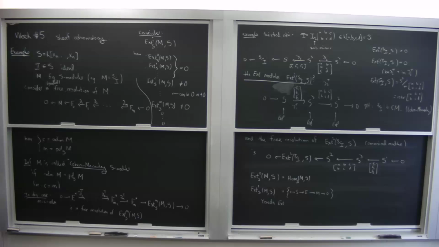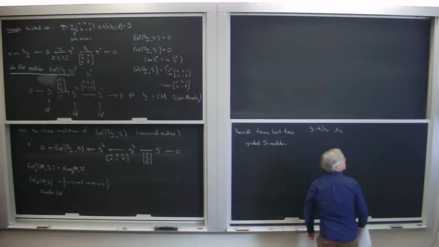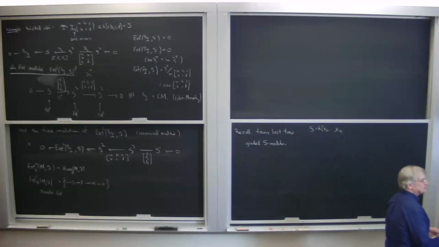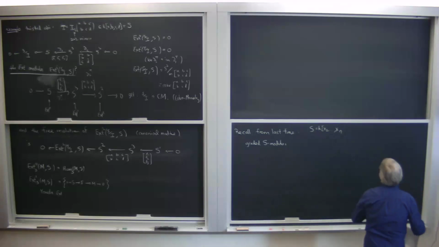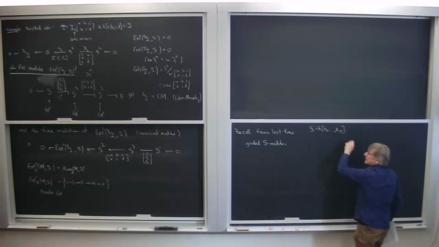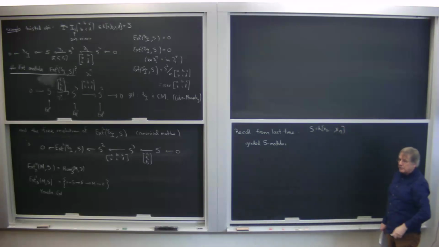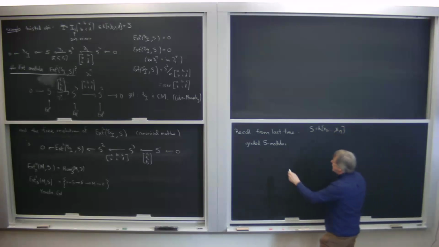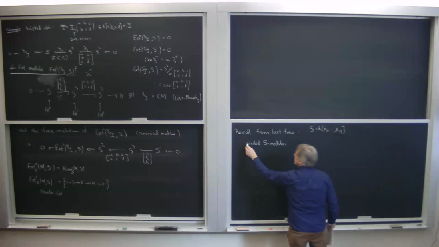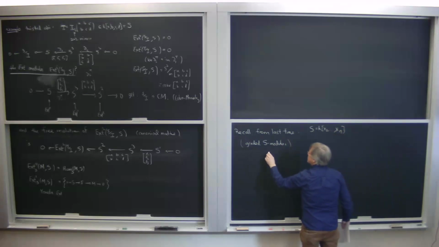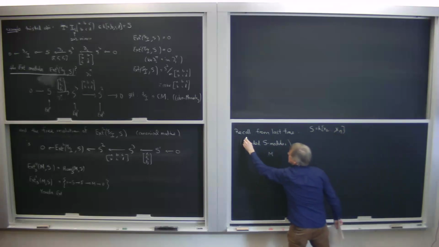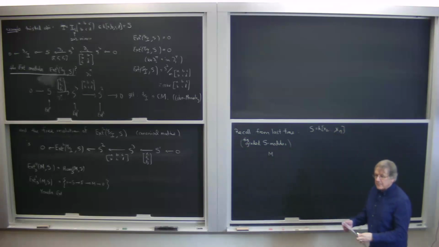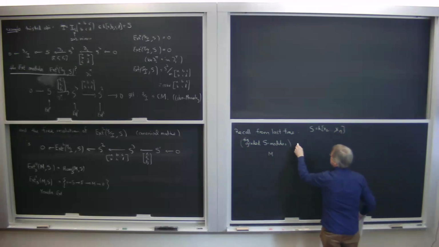S is, as it will be most of the time, the coordinate ring of projective n space, the homogeneous coordinate ring, and we take graded S modules here. Let's say M is one of them. Typically, we'll do finitely generated. There's ways around that, but anyway, that's what we're interested in.